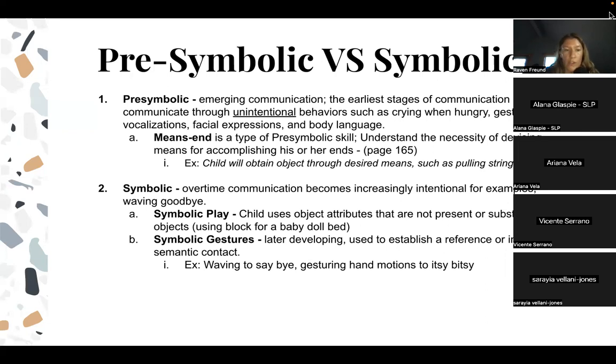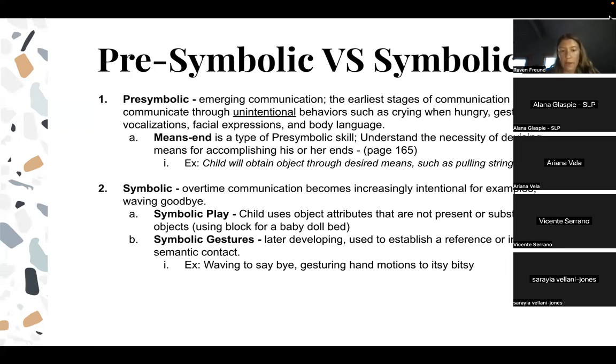So a child that is using a block for a baby doll bed, they have an idea of what this block represents, and they know how to communicate that through play, and through their communication. So there's symbolic play, which is what I just described, and then symbolic gestures. Those develop later, used to establish a reference or indicate semantic content.